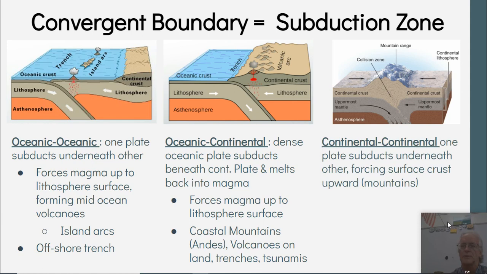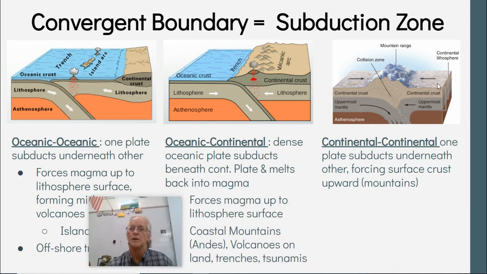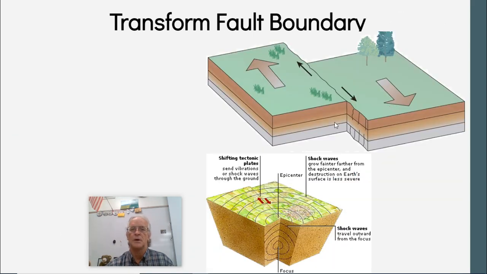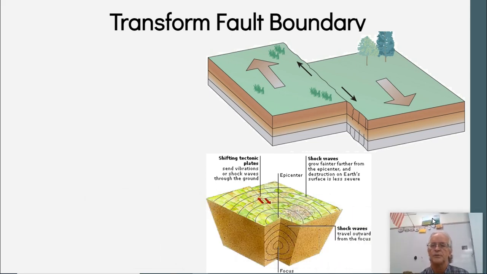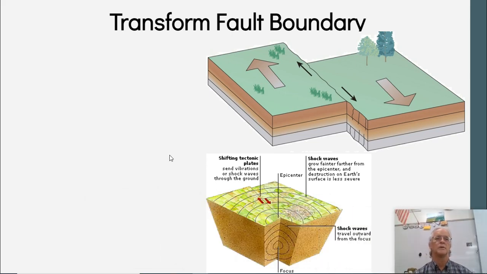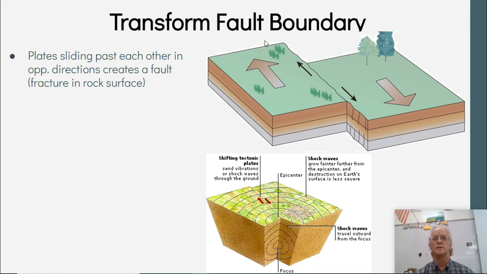Another thing that can happen is we can have a continental convergent boundary, where one plate goes underneath the other, forcing mountains to come up. For example, the Himalayas, where India is going into Asia at a high speed, and that's why the Himalayas are so high.